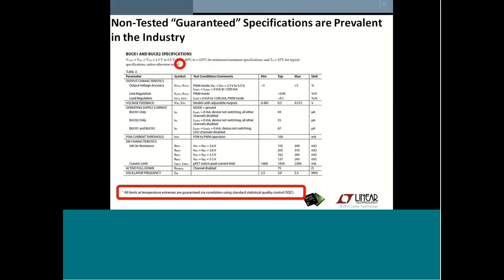This is just an example of data sheets taken from the market. Please have a look at the statement, which is down below. I will read it out loud: All limits at temperature extremes are guaranteed via correlation using standard statistical quality control, SQC in brackets.